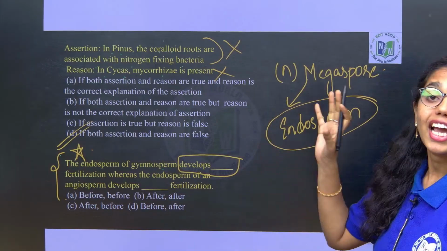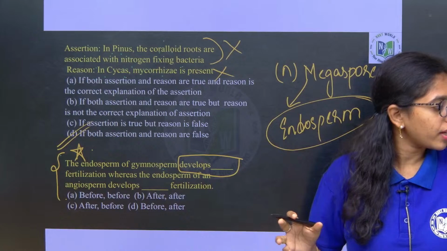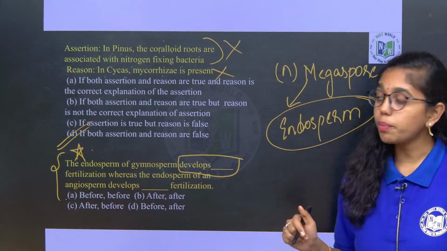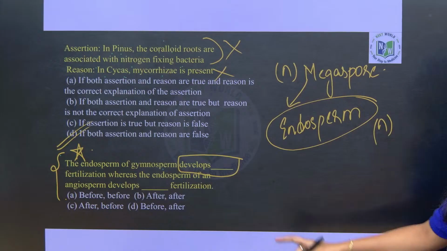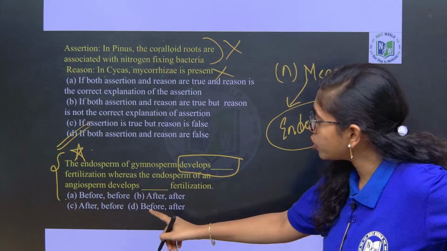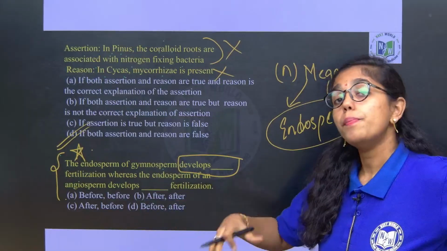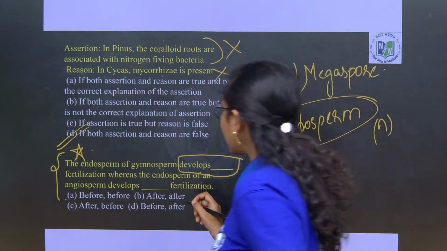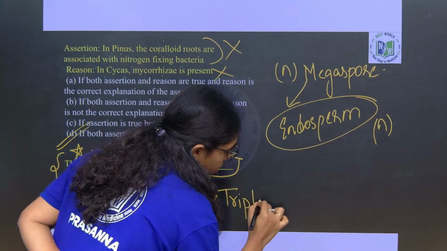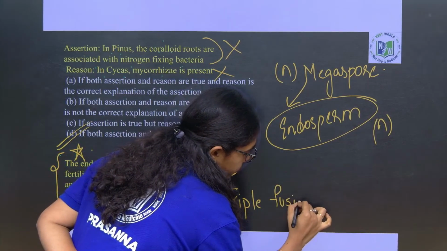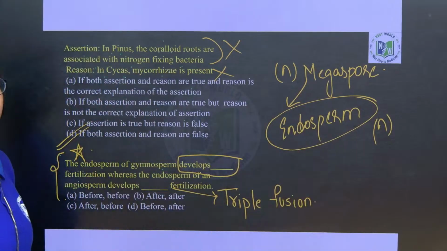That is why in gymnosperms, what is the ploidy of endosperm, beta? Answer me, what is the ploidy of endosperm in gymnosperms? It is haploid. Whereas endosperm of angiosperms develops post fertilization, that is after triple fusion. Right.